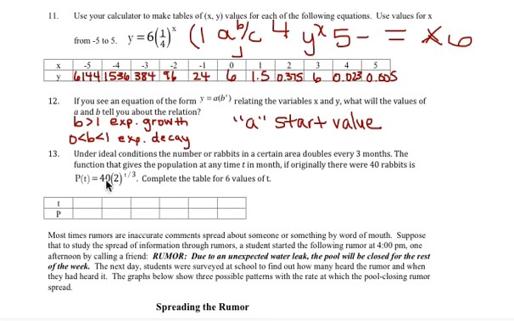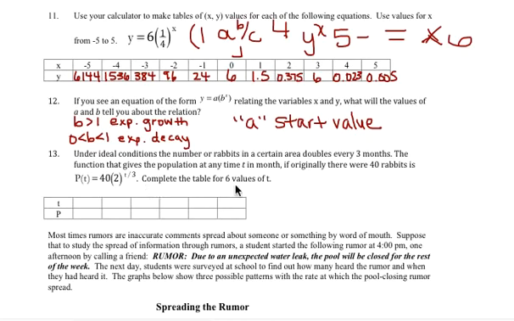So the starting value is 40 because there are 40 rabbits. Okay, eventually you're going to have to write these by yourself. So 40 rabbits, that's your start value. It's going to double, so it's times 2, and it does this every 3 months. The reason it's t divided by 3 is because it's happening every 3 months. So your time divided by 3.